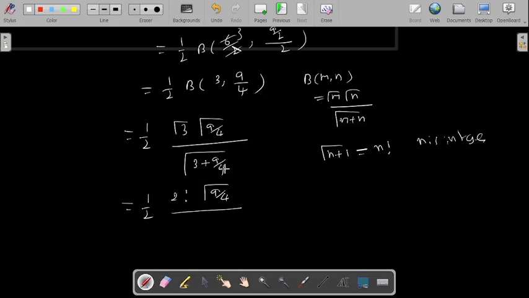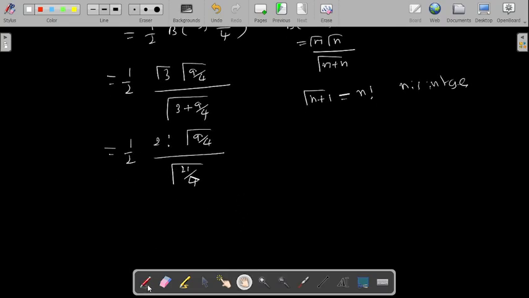This will be 2 factorial gamma 9 by 4 by gamma of 4 threes are 12, 12 plus 9, gamma 21 by 4. One more formula: gamma n plus 1 equals n into gamma n. So how can we write gamma 21 by 4?